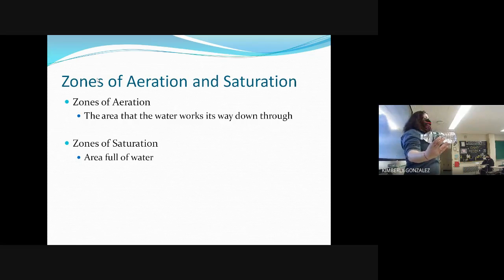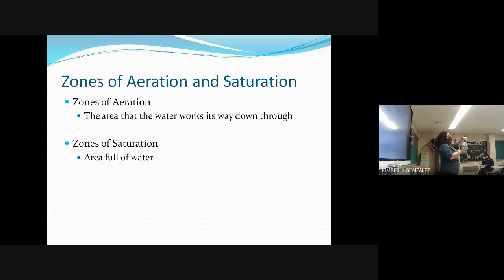Basically, if this is the top of the soil, and it's watering and watering and watering, this little area where there's just air is the zone of aeration. The area where there's water is the zone of saturation. The space in between the two is known as the water table.